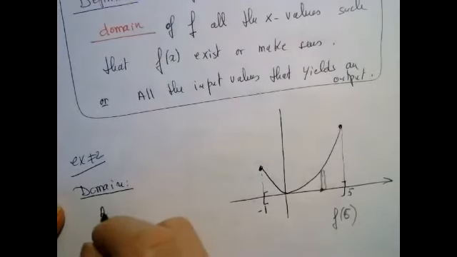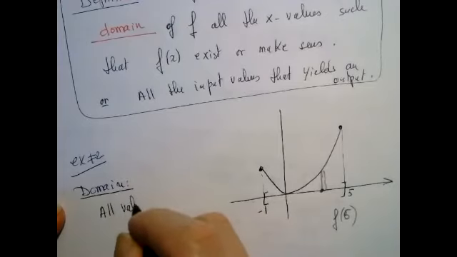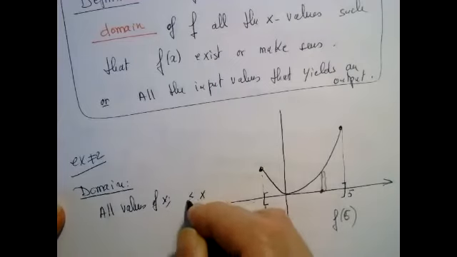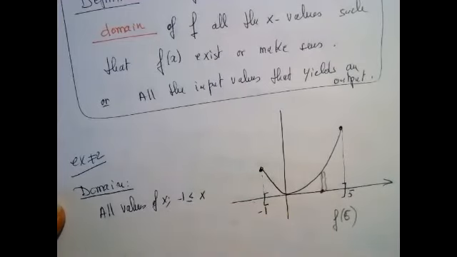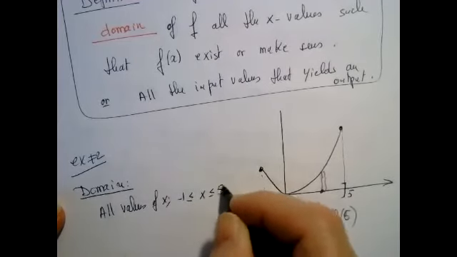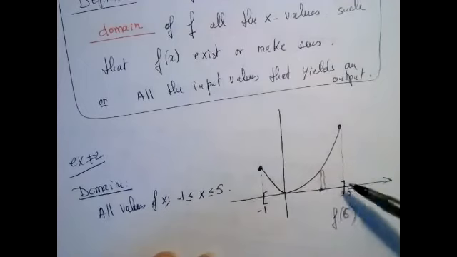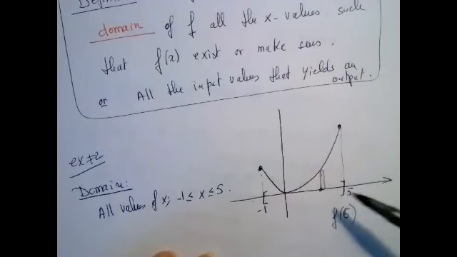So the domain are all values of x such that x is between -1 included and 5. That's the domain, everything that has an input. So if your function is given in a graph, finding the domain is easy.